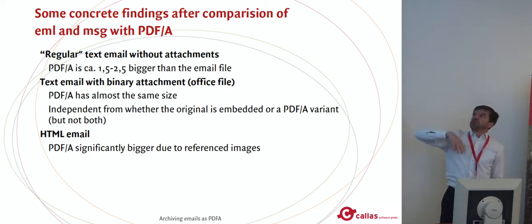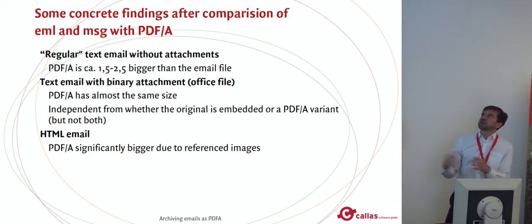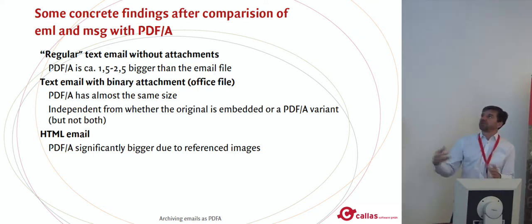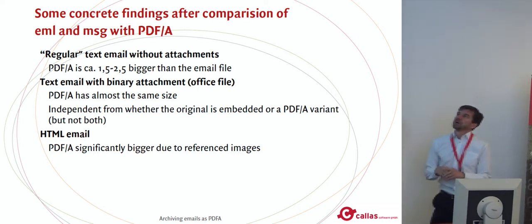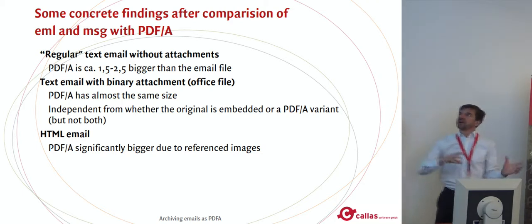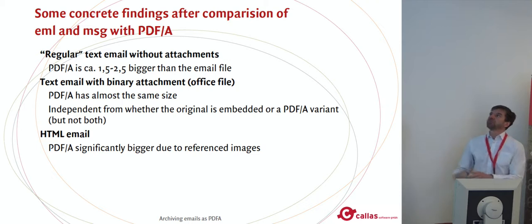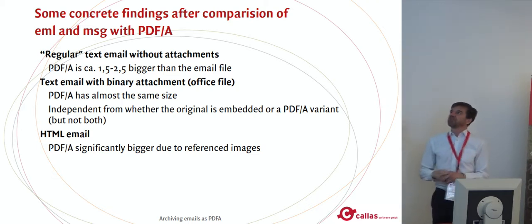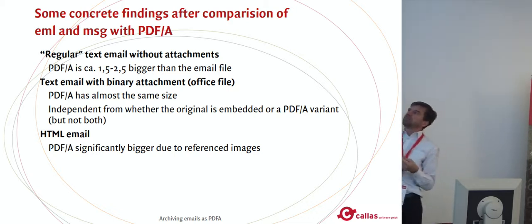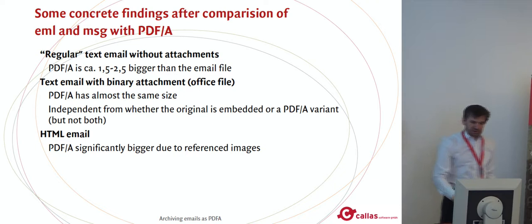A regular text email will be slightly bigger, 1.5 to 2.5 times in a brief evaluation that I did. For PDF/A, if you only attach the original or a PDF, it's almost the same size because of this compression. HTML emails are usually significantly bigger due to the referenced images.